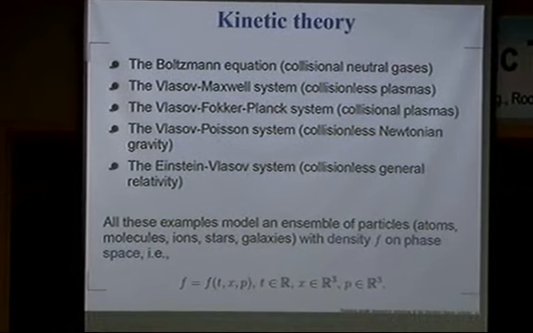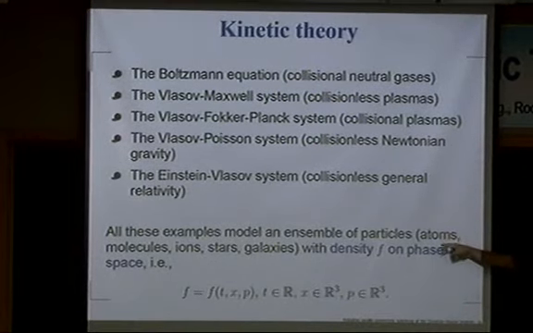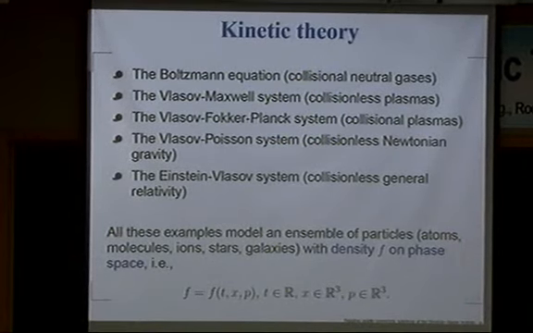I just would like to say that in the situation with Einstein equations, the particles we think of in this kinetic description are typically stars or galaxies or even clusters of galaxies. And we have the density function on phase space f.